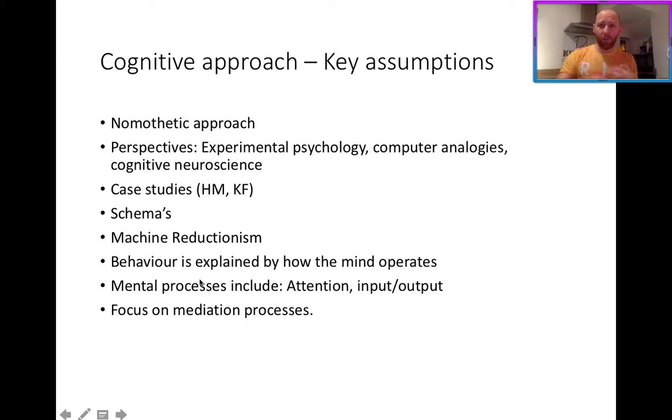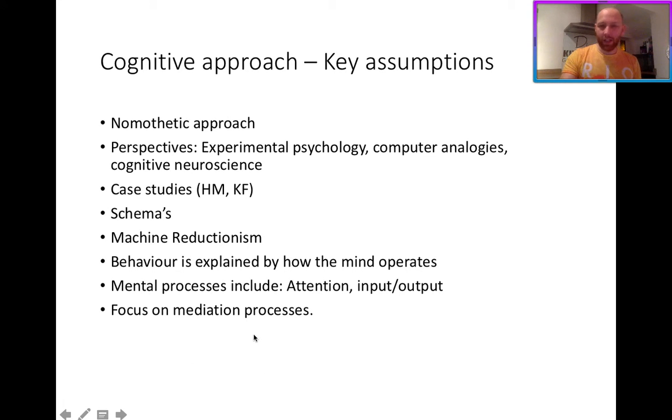Case studies are important, schemas, suffers from machine reductionism. Behavior is explained by how the mind operates, which is going to be the crucial element here, and mental processes such as attention, input and output of stimulus, coding capacity are really important as well.